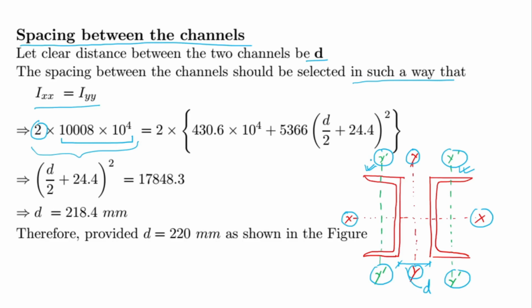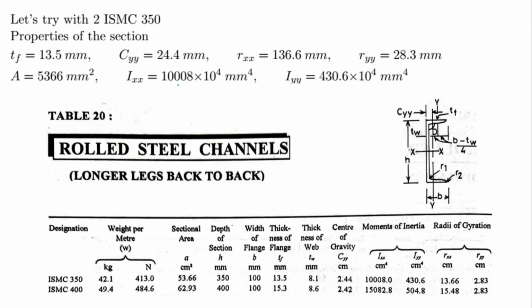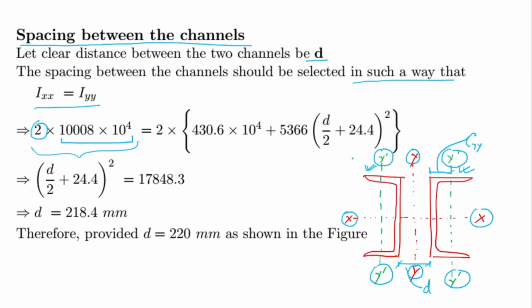Now to calculate the Iyy for the whole column, we have to identify Cyy. What is Cyy? It is the centroidal distance of one channel from the base. So here already I have noted down the value of Cyy. It is 24.4 for the channel.